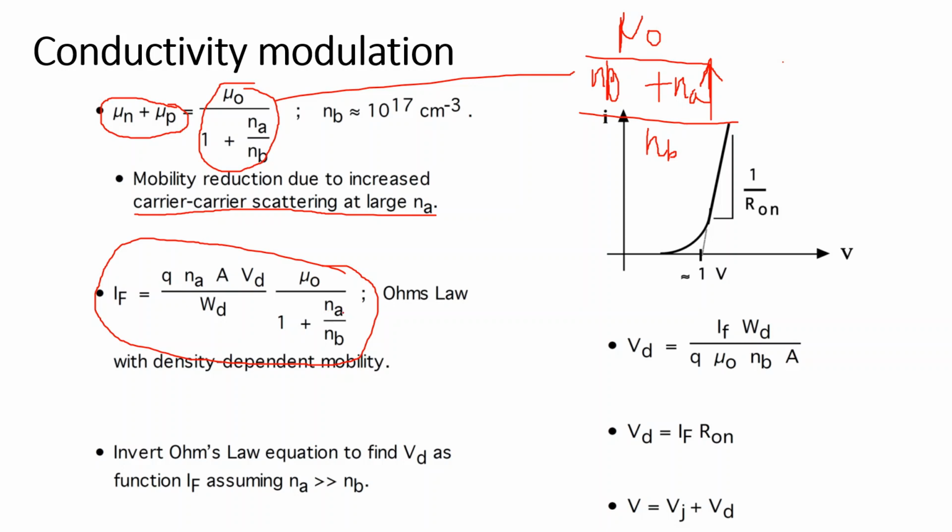Now you can also write this part as Nb plus Na divided by Nb.